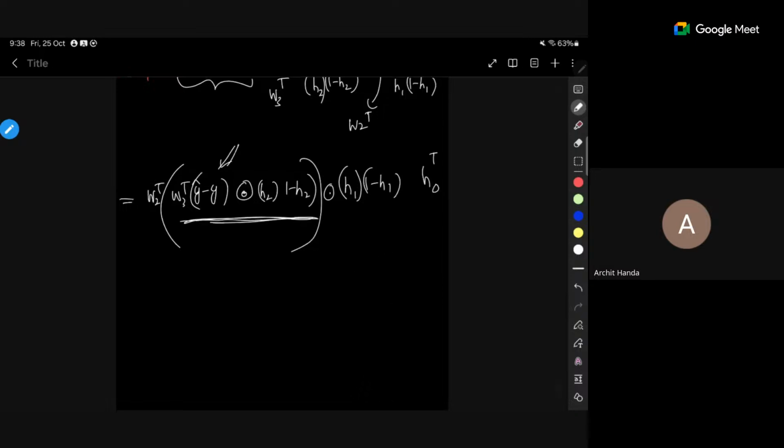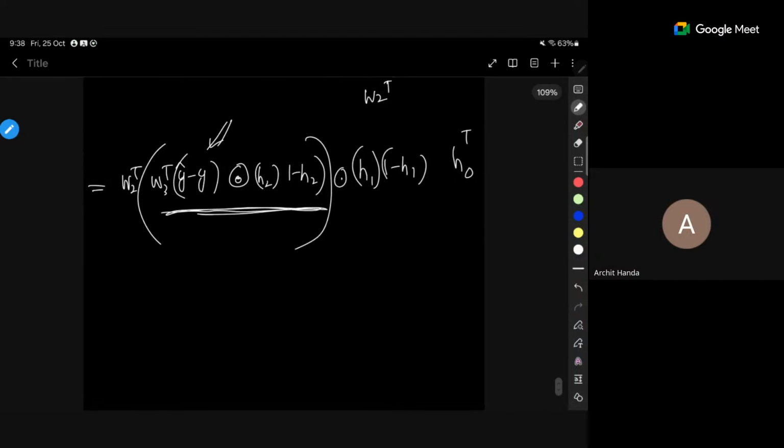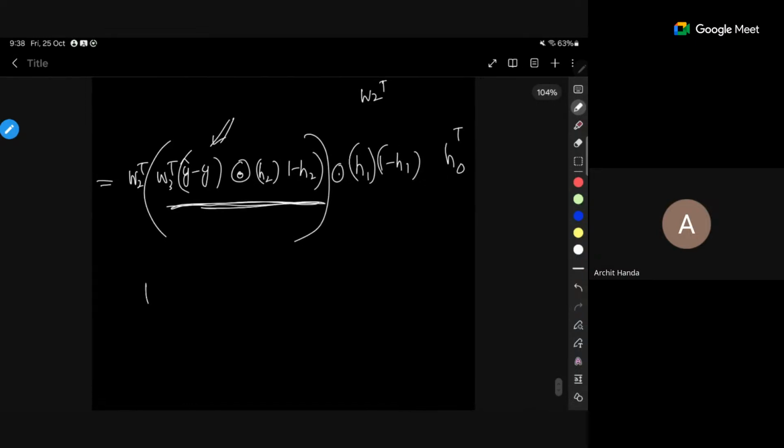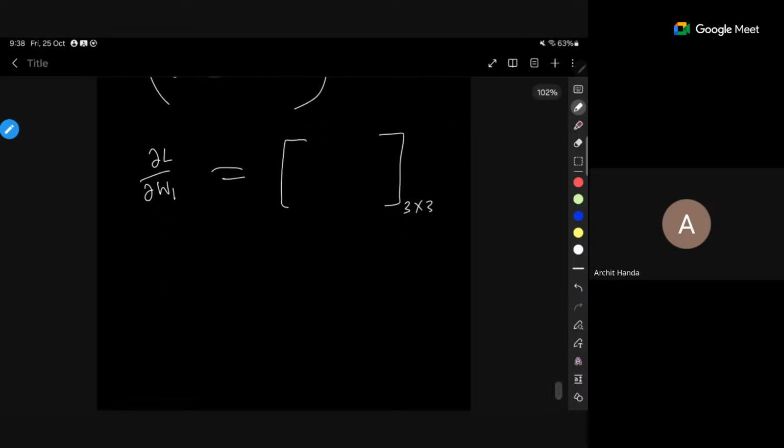Okay. So this is the last thing, and you have to solve this for figuring out what is dL by dW1, and you will get all the elements. You will again get whatever your weight dimension was initially. So here we have 3 cross 3. You will get this as 3 cross 3, and then you will get derivatives, right?